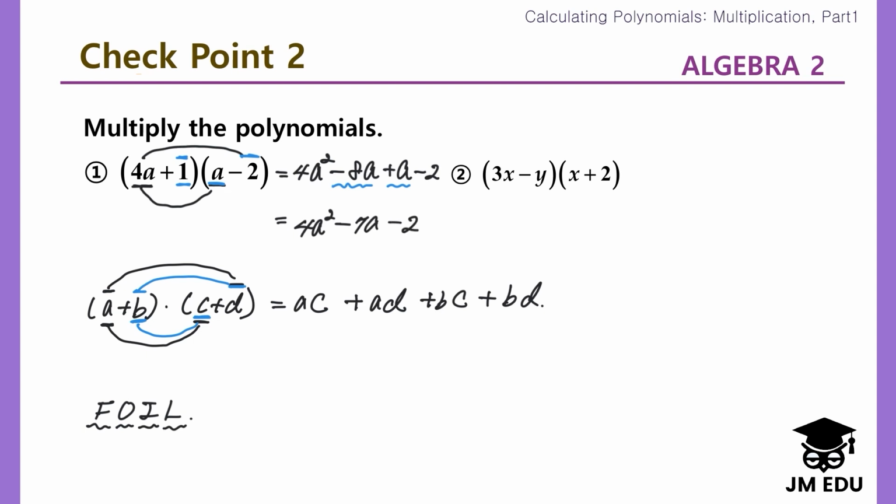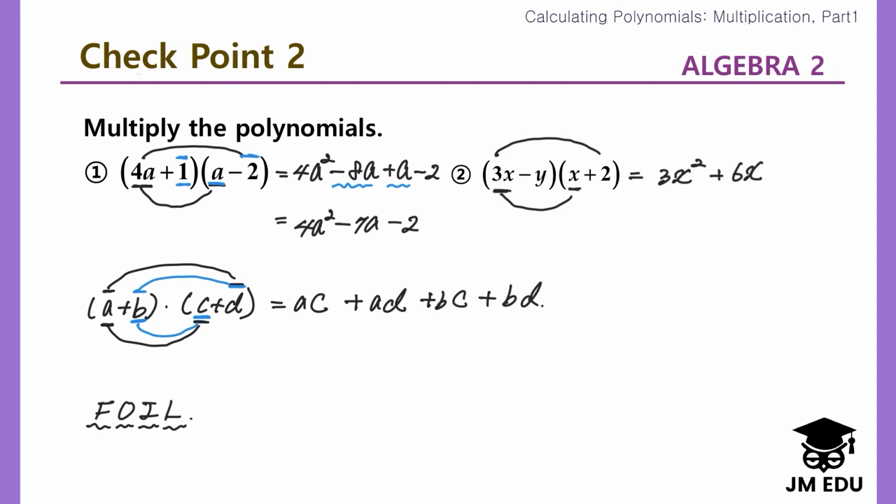And we're done. For number 2, we have another binomial times binomial. So FOIL, first, 3x times x, that's 3x squared. Outer, 3x times 2, that's 6x.